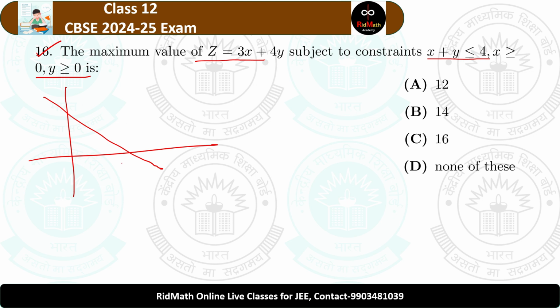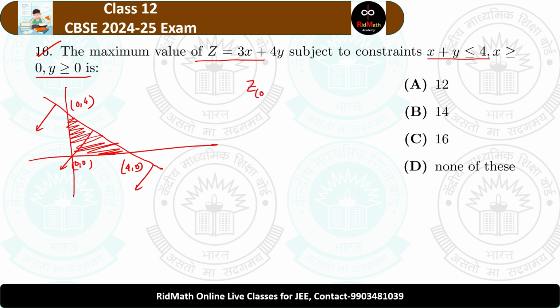So this point is (4, 0) and this point is (0, 4), and the feasible area is towards the origin because of less than. So this area is the feasible region, and the corner points are (0, 0), (4, 0) and (0, 4).